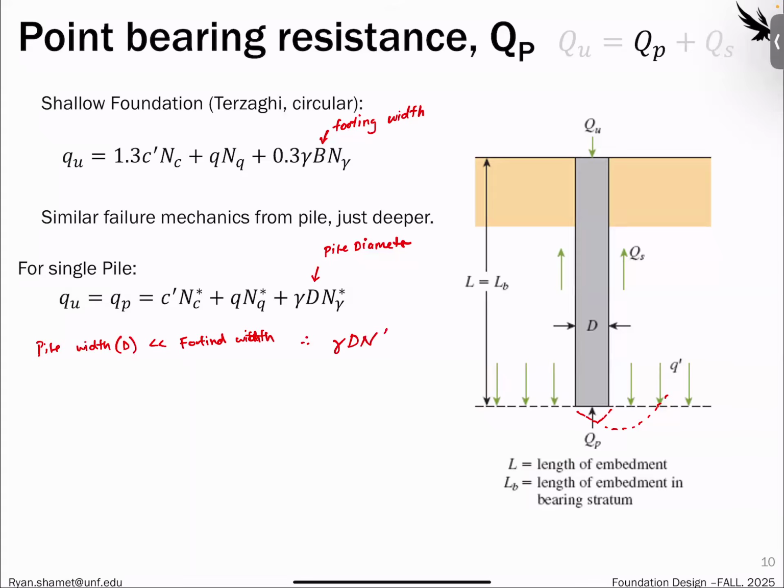So this term here, just because of the D being a smaller size, is going to go to 0. So that diameter of the pile is going to be 0. So what that means is, okay, we're going to simplify this now as the point bearing capacity being cohesion plus the soil surcharge.